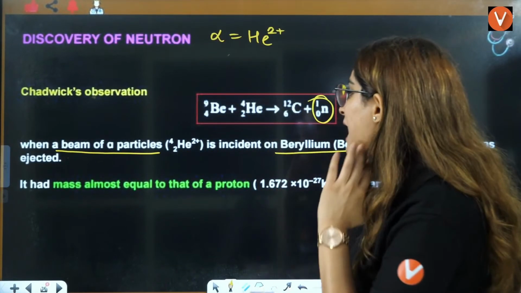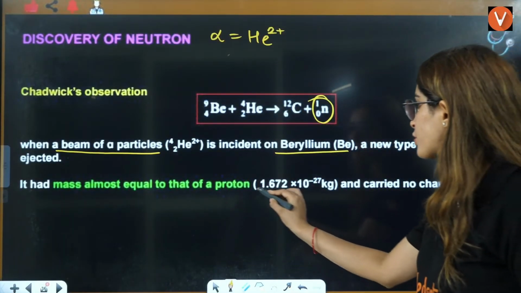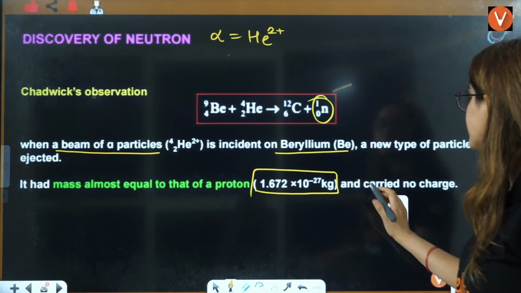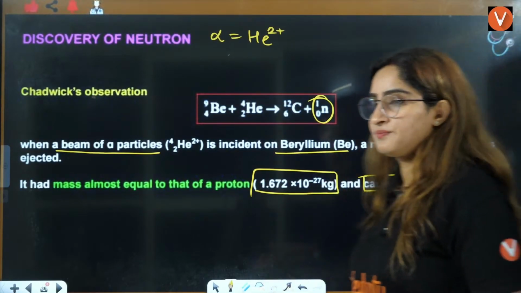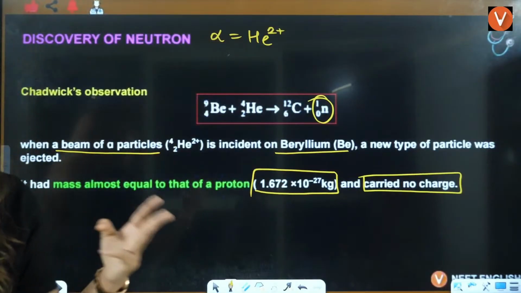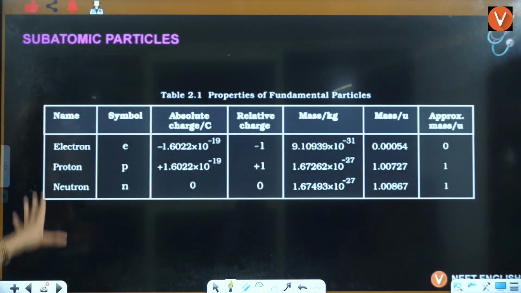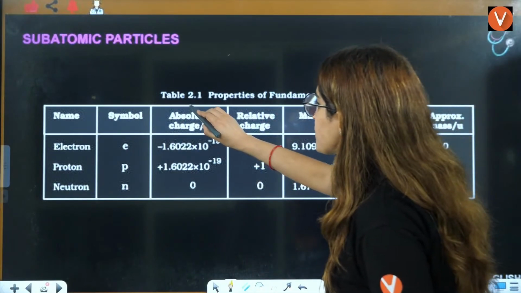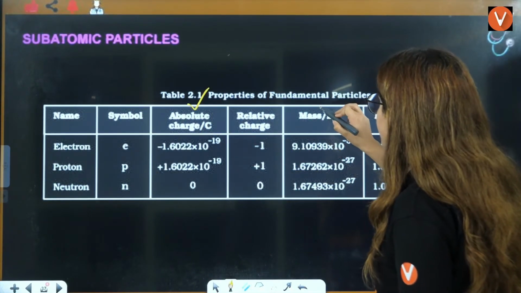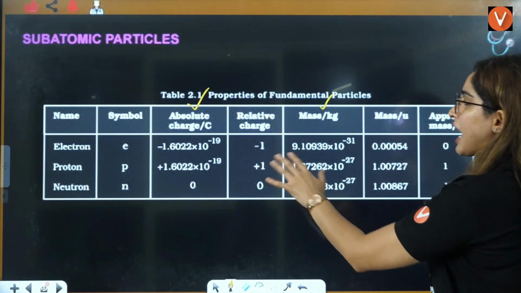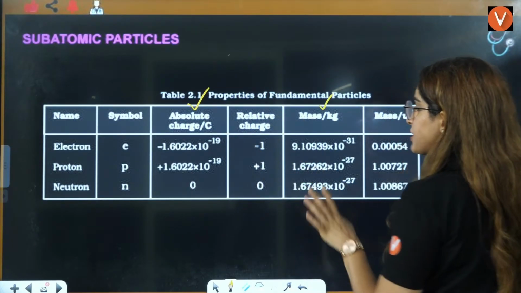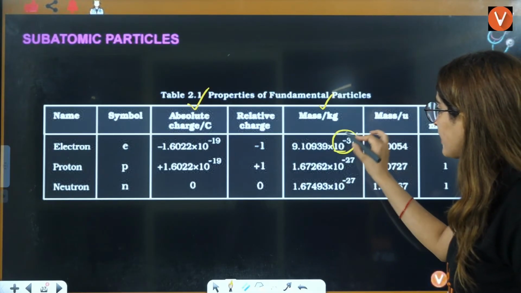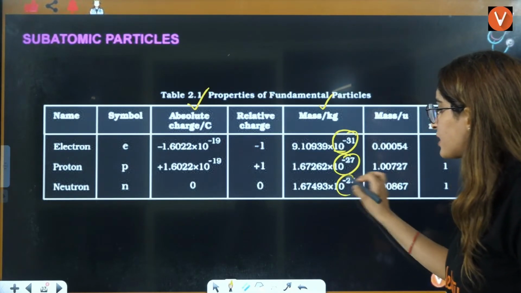Okay, so mass is almost equal to mass of proton, that is this much, and charge is going to be 0, right? Okay, so these were the 3 particles that you have. This is the whole thing that you have to remember. This is the absolute charge. This is the absolute mass. Relative charge, we take it as -1, +1, 0. Relative mass of electron, see, electron is 10 raised to minus 31, and these are minus 27.